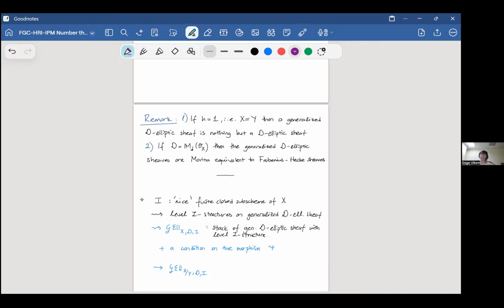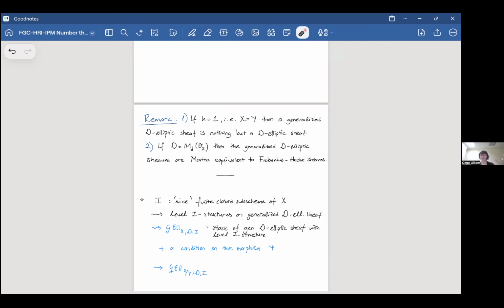But if I just look at it purely, then it's too big. So as in the case of abelian varieties, let's put some level structures on them, which we can define for I being a nice finite closed subscheme of X. Then we obtain the stack of generalized elliptic sheaves with level structure.